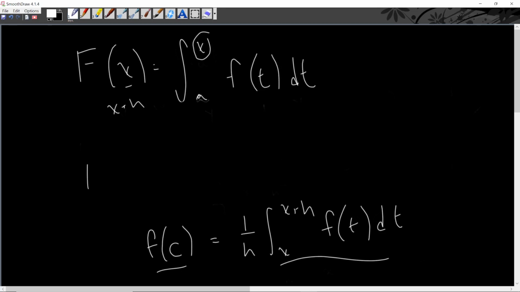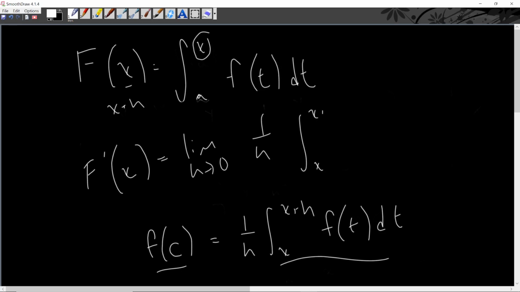We said that f prime x, after all of our manipulation, is equal to the limit as h approaches 0 of 1 over h times the integral from x to x plus h of f of t dt. And yeah, this is looking awfully similar to that, but we're still going to have to think about this.